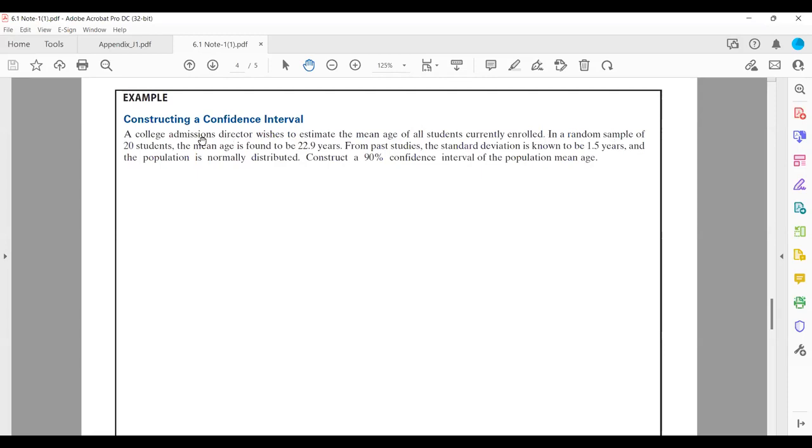Population mean is what we want. In a random sample of 20 students, well, you're the statistician. You ran the survey. You have a sample of 20 students. You found the mean of the students in that sample, which is 22.9 years. So let's take a look at our board.